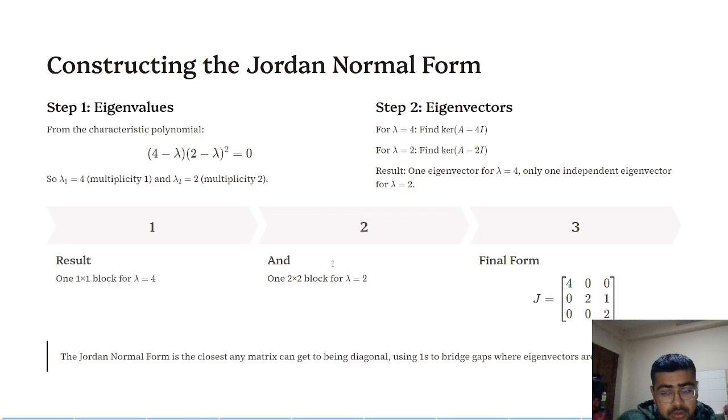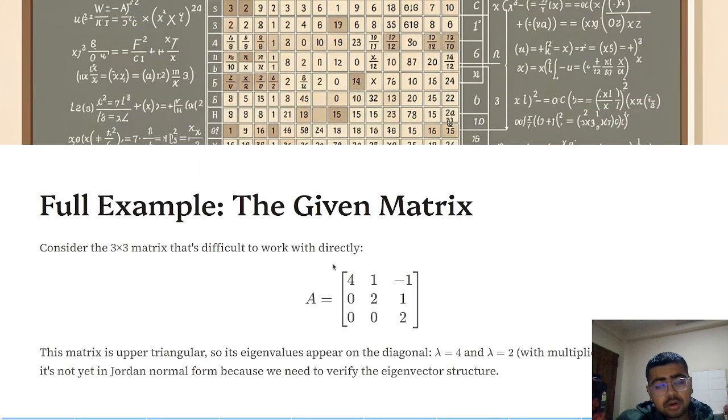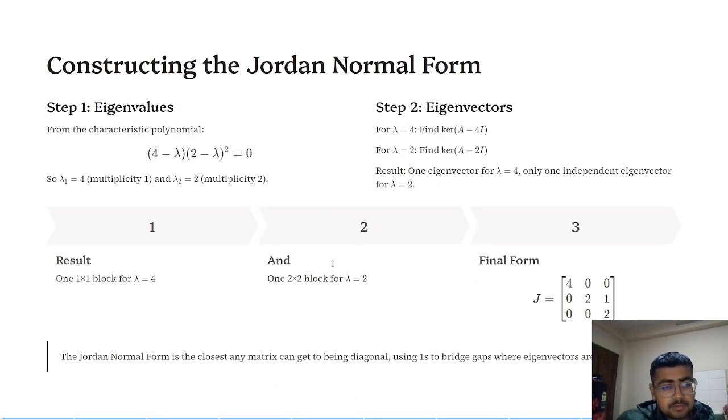So you take all the eigenvalues, which are 4, 2, 2, and place them in the diagonal elements. That's the first step. And there was a repetitive eigenvalue 2 and 2, and since the 2 and 2 represented a single eigenvector, the 1 will appear in the super diagonal element. That's it. Nothing complex.